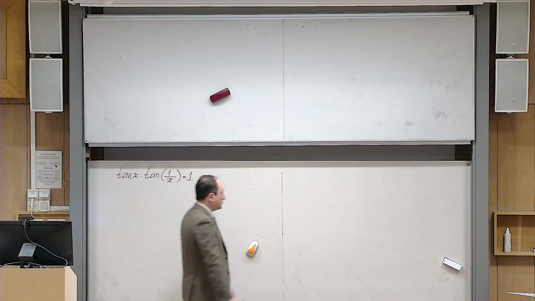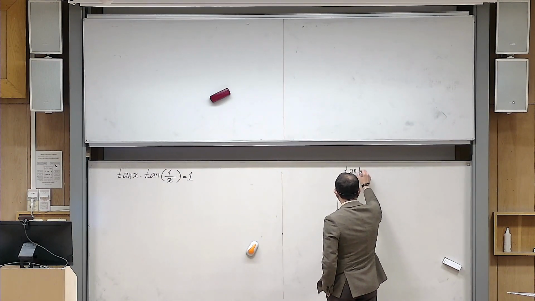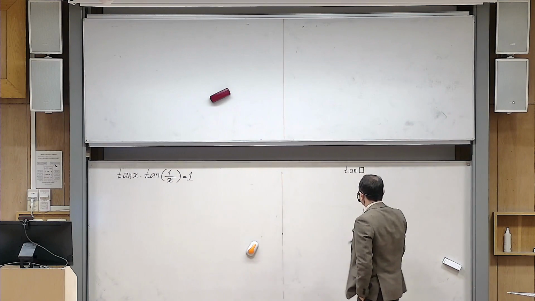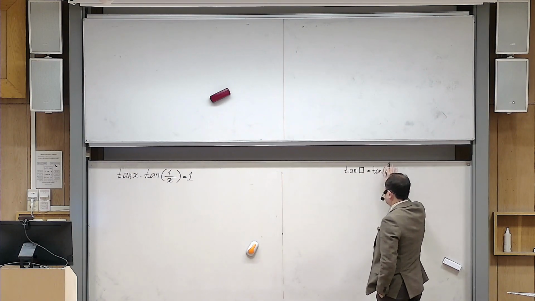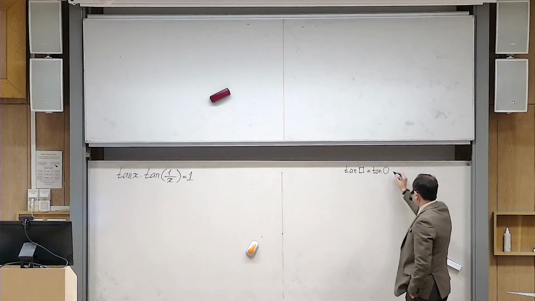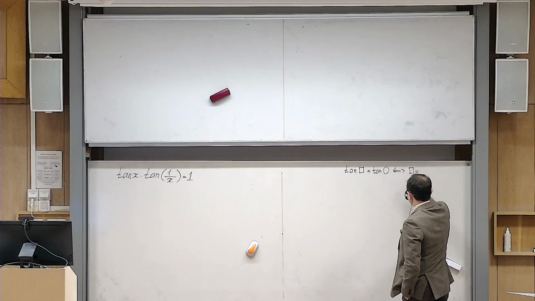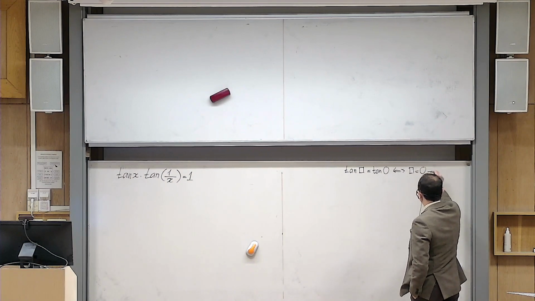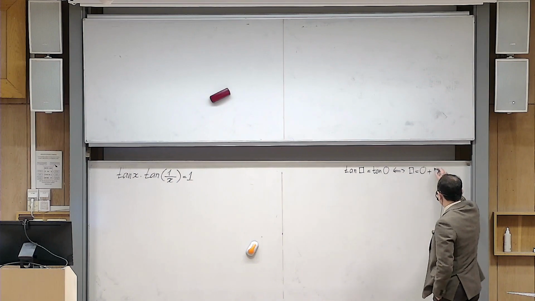Because from your studies in trigonometry, you know that if tangent of some box equals tangent of a circle, this happens if and only if what is inside the box is equal to what is inside the circle plus, let me write everything in radians because the answer was given in radians, n times pi, where n is an integer.